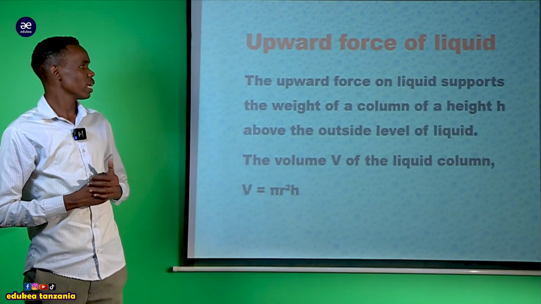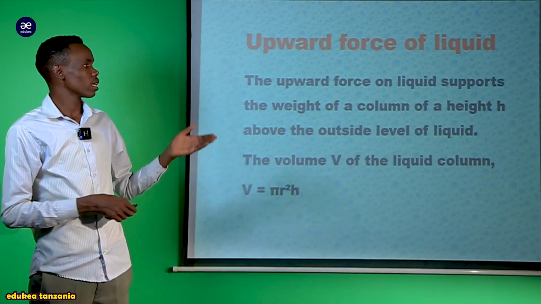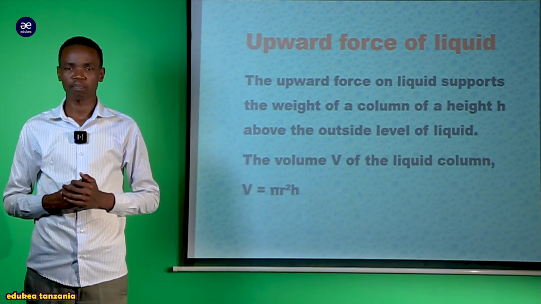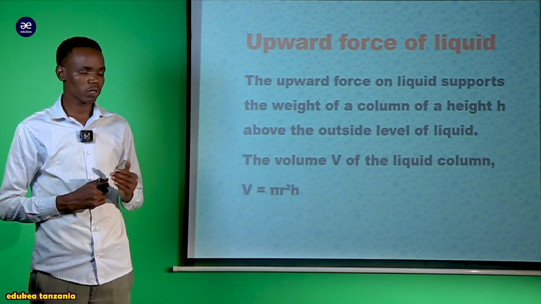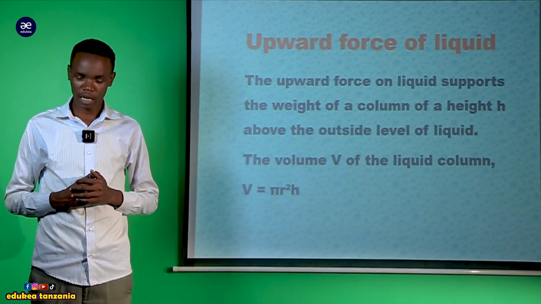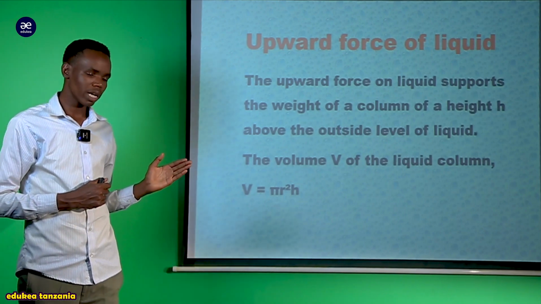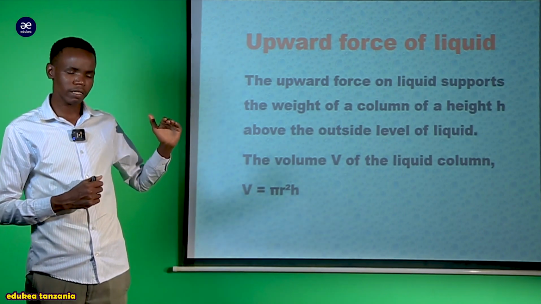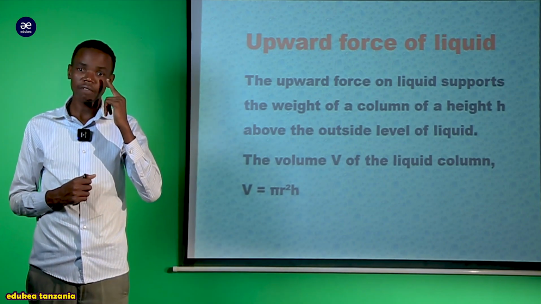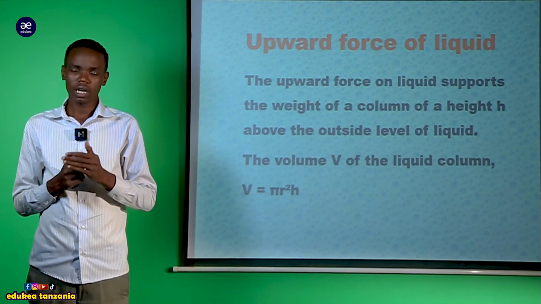In today's discussion, we are going to see how we can identify the upward force of the liquid, as we observe here. How can we identify that upward force? In the last session we said that when we take the surface, the upward force is represented by force times the surface tension.